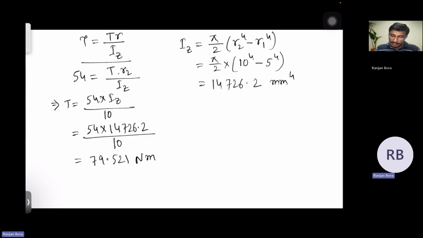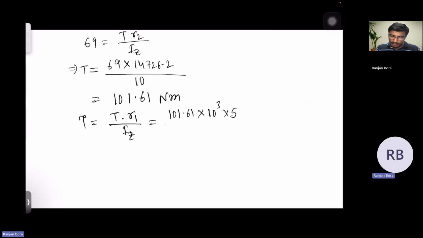What is R1? It is 5. Divided by Iz, which is 14726.2. If we do this, then it is 34.5 megapascal.